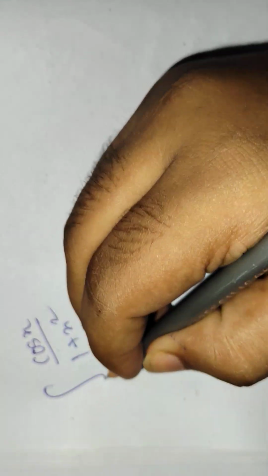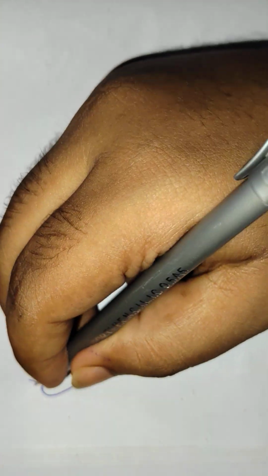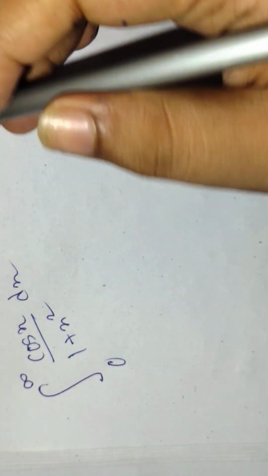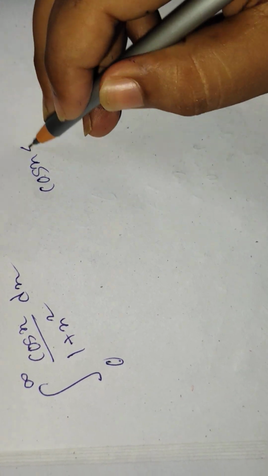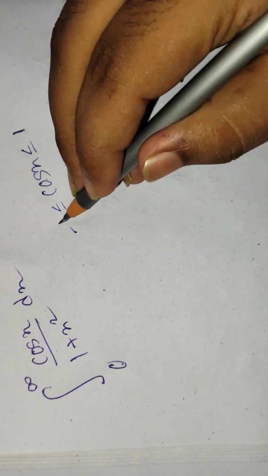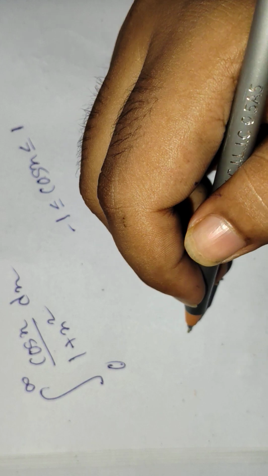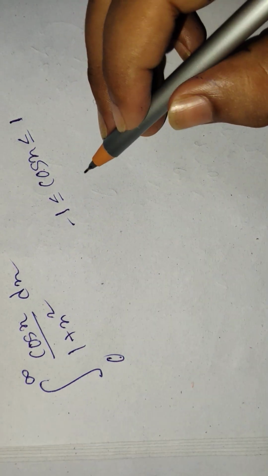Now let's talk about another example where we have to deal with the integral from 0 to infinity of dx. In that case we can see cos x will be from 1 to minus 1, right? Doesn't matter whatever the limit is. So you can replace cos x as x.